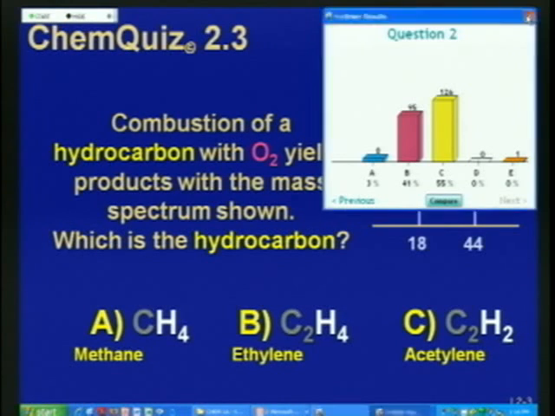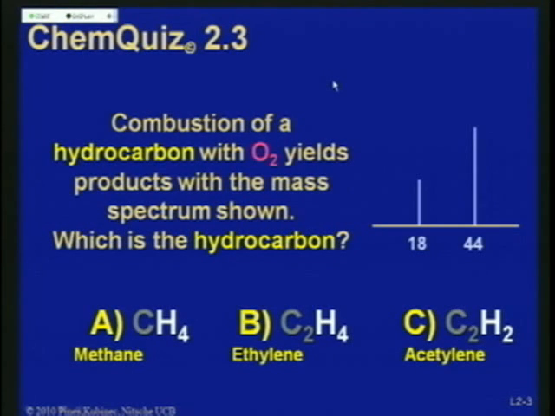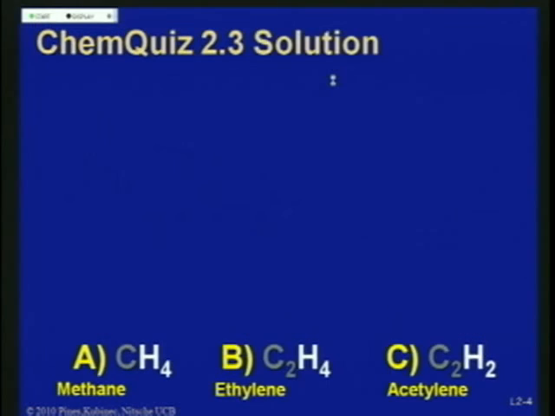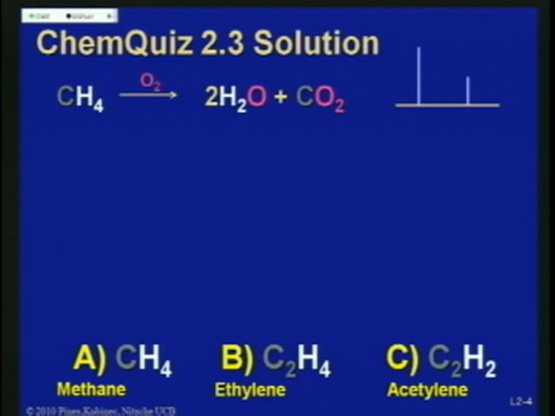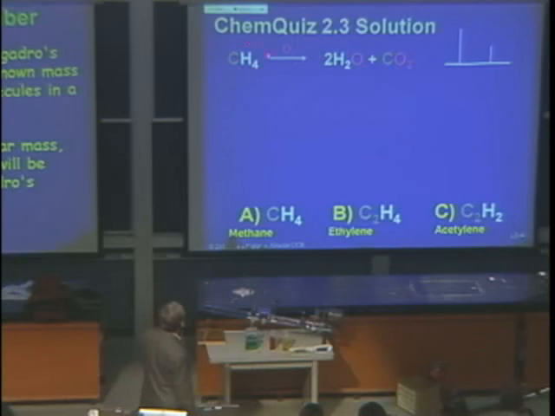Now let me explain it to you. There would be one CO2 and there would be two waters if it were methane. So the ratio would be 2 to 1 here, which you would see here, 2 to 1, water to CO2. That's not what we had.